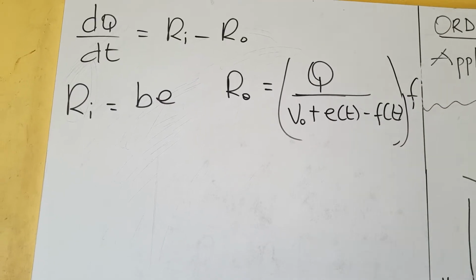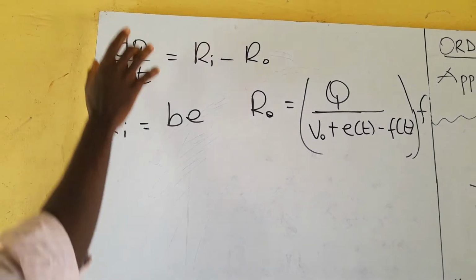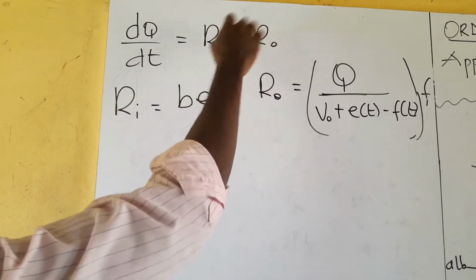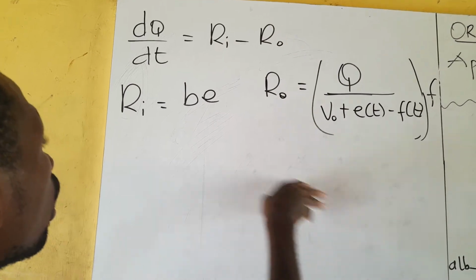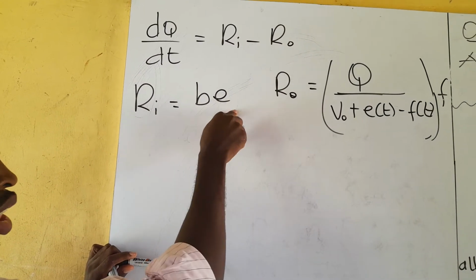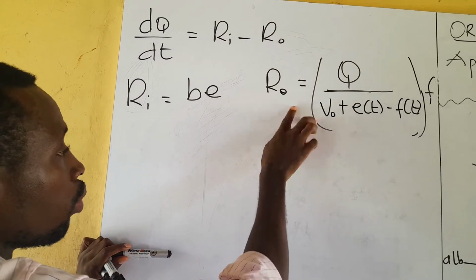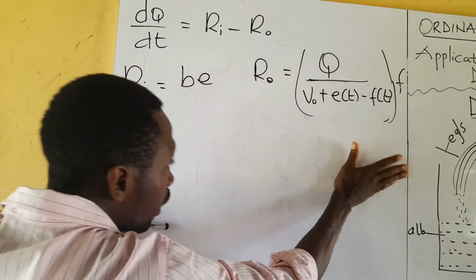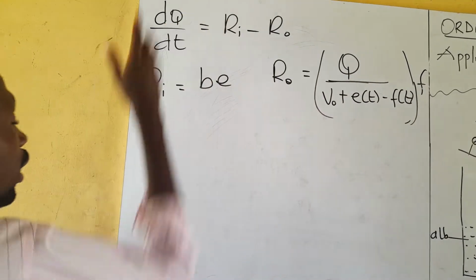So from our explanation, we said the quantity of salt that we have in the jar at any point in time will be the quantity of salt that enters the jar minus the one that comes out. And we said in the explanation that the one that enters will be BE and the one that comes out will be RO, which will be given as this. I explained that already. So let's just substitute.